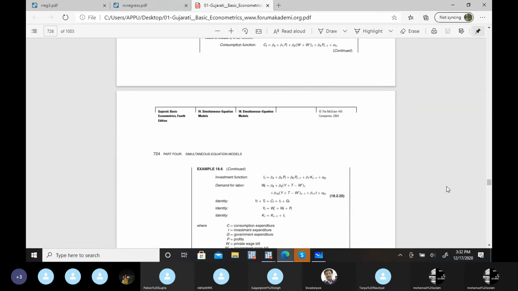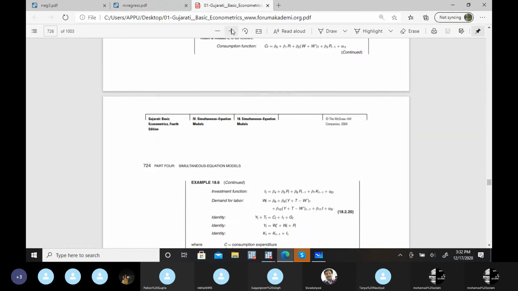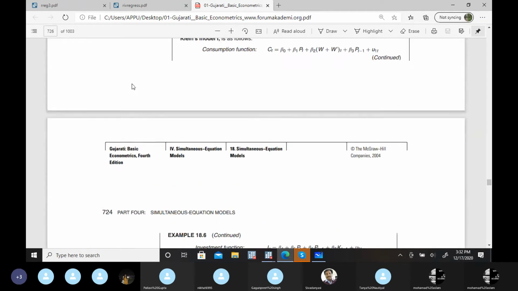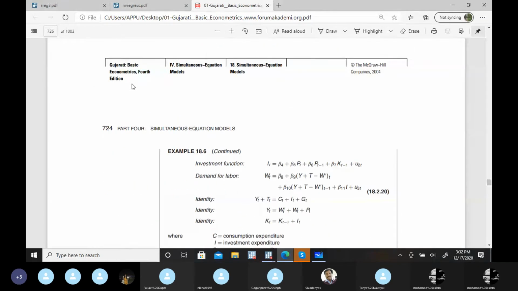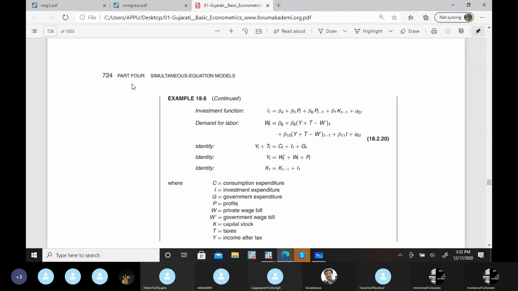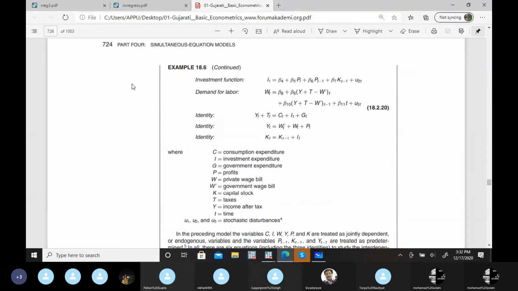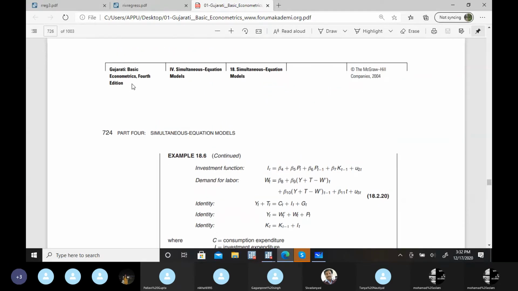Yes, this example: consumption function, investment function, and demand for labor function. These are the variables: consumption, investment, government expenditure, profit, private wages, government wage, capital stock, tax, income after tax, and time. So let's suppose these are the equations.